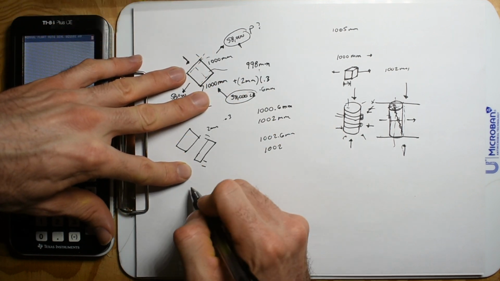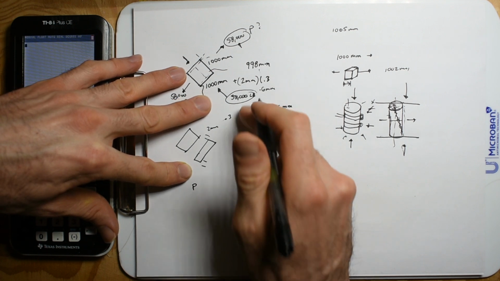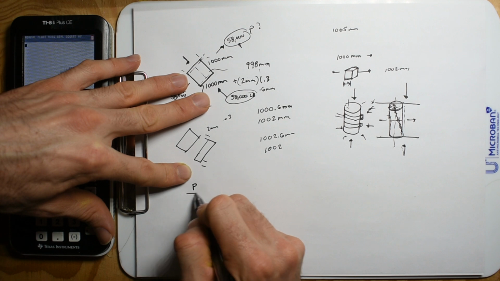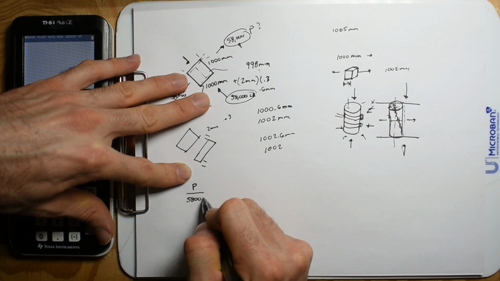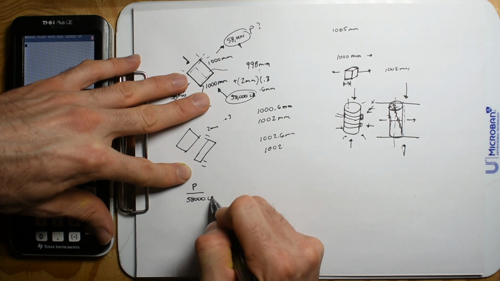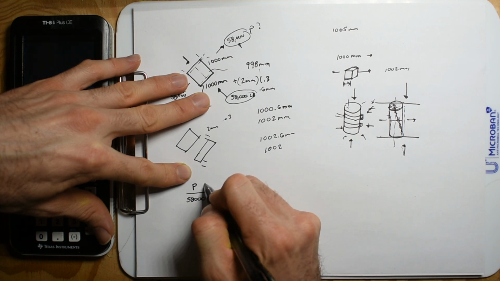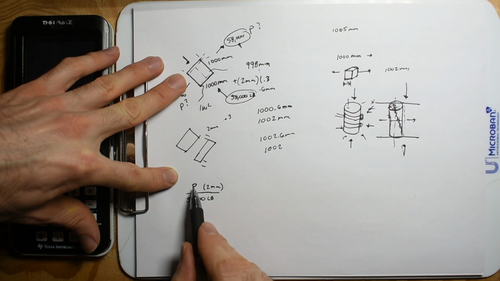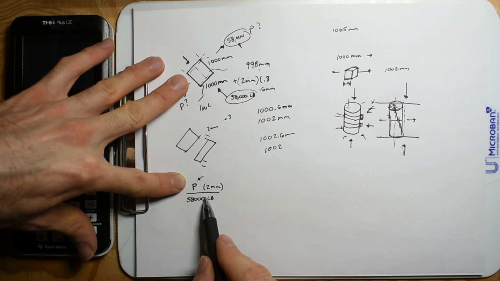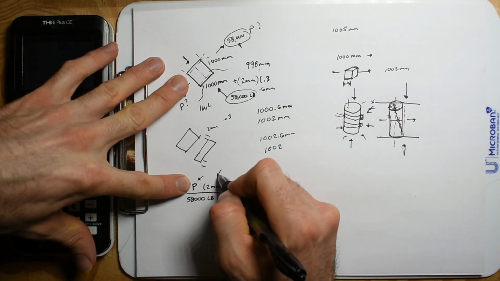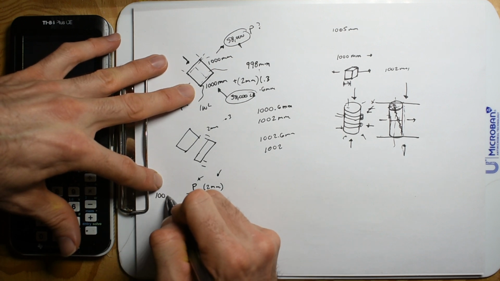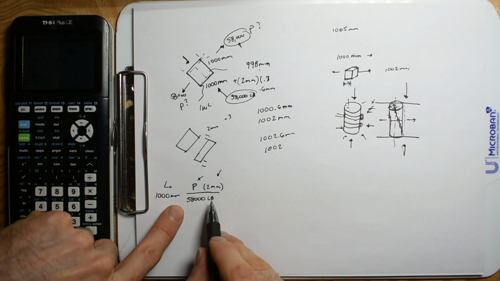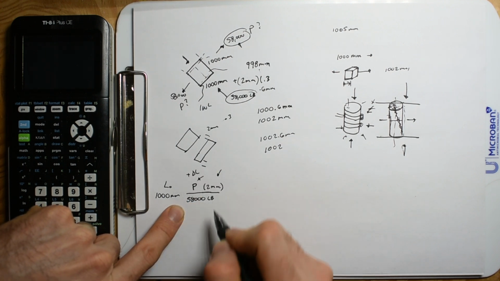So we're going to put this load, I'm just going to call it P, divided by 58,000 pounds per 2 millimeters. This says that if I had 58,000 pounds, I would get 2 millimeters. Then we're going to add this to 1,000 millimeters. This is our original length, L naught, and this is going to be our change in length.